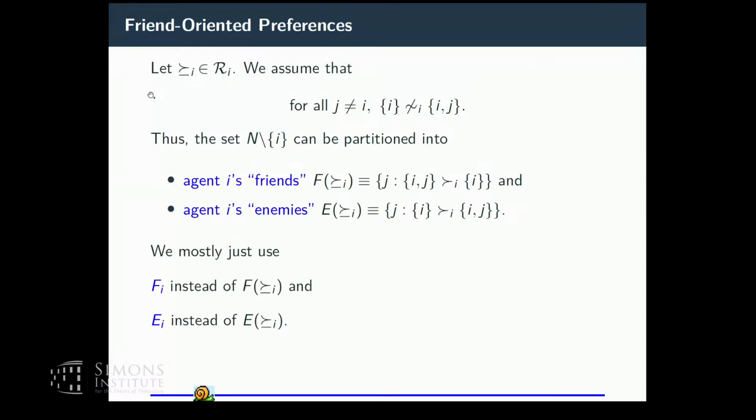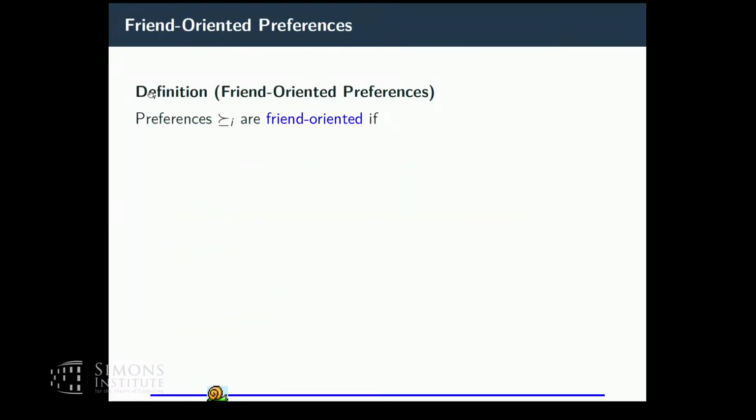So you are going to divide people into friends and enemies, and we are sometimes just denoting them a little bit more simply without putting the preferences as inputs. Okay, now we are not assuming that this is symmetric. I might think Attila is my best friend, but actually he'd rather not see me. So no reason for this to be symmetric.